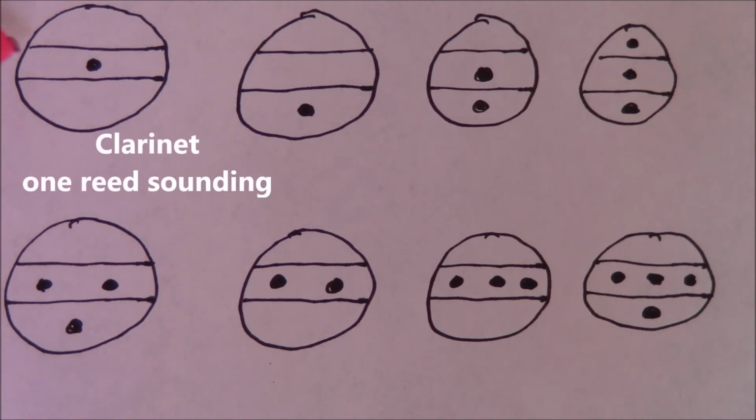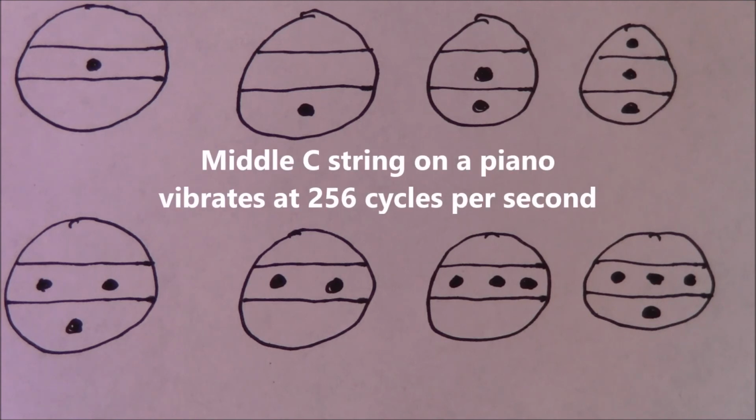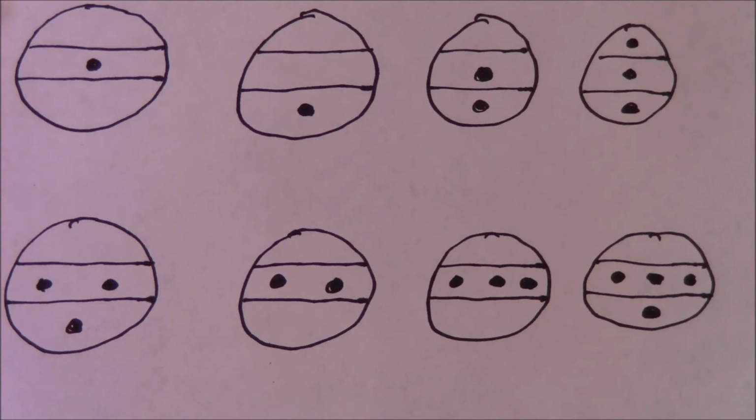So if you see this one, it is telling you that there is one reed playing, and it is actually what we would call true pitch. If you played the middle C on your piano, and you turned this tab on your accordion and searched around for the exact same note, you would find that it would match the middle C pitch from the piano.